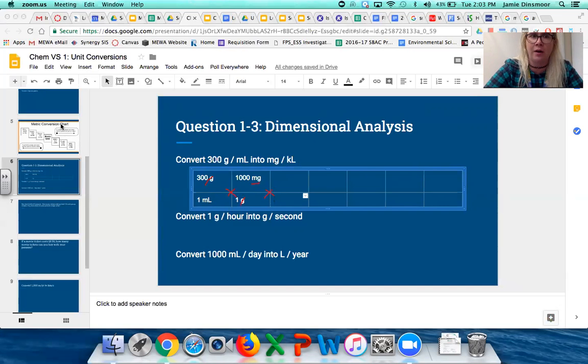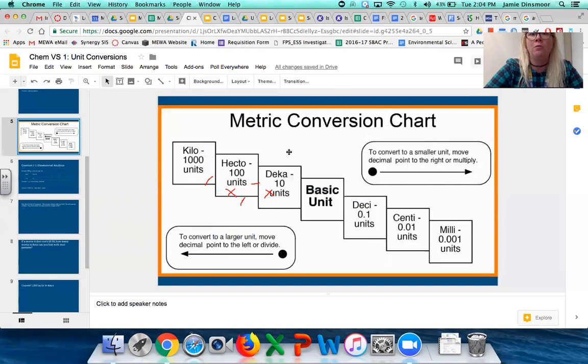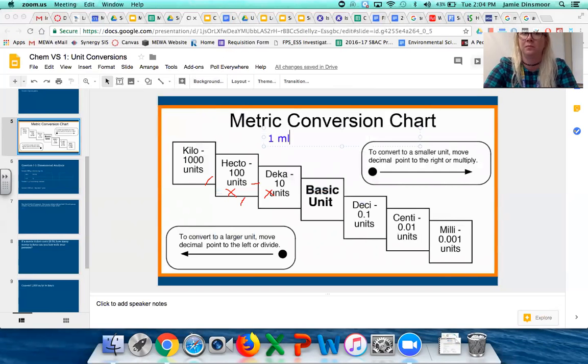So looking back at our metric system conversion chart, how many kiloliters are in 1 milliliter?